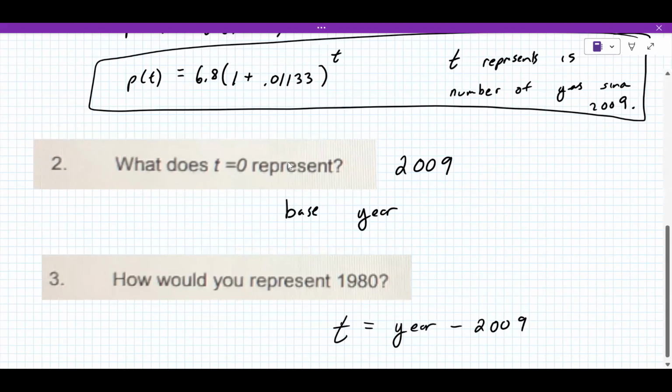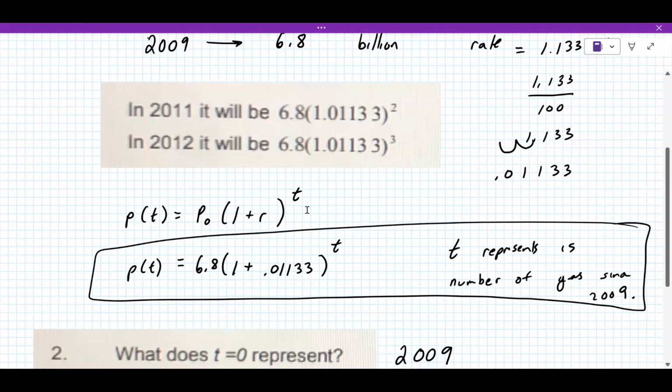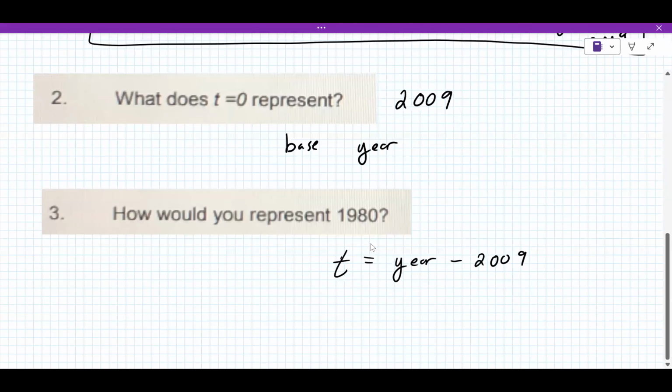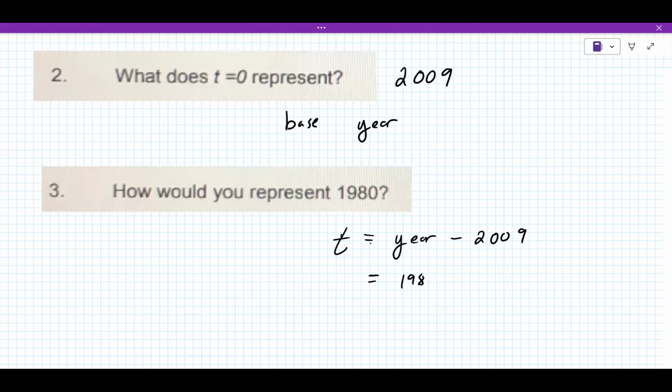Or when the current year was 2011, 2011 minus 2009 was 2. So for 1980, 1980 minus 2009 is negative 29. It seems odd, but you can go backwards in these population models.